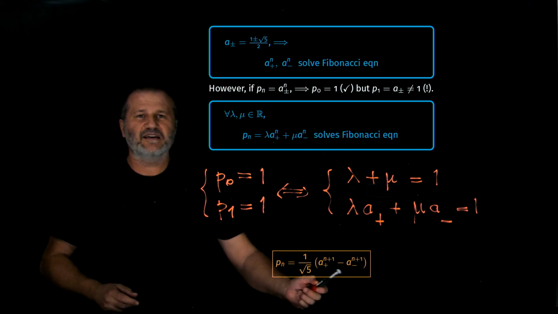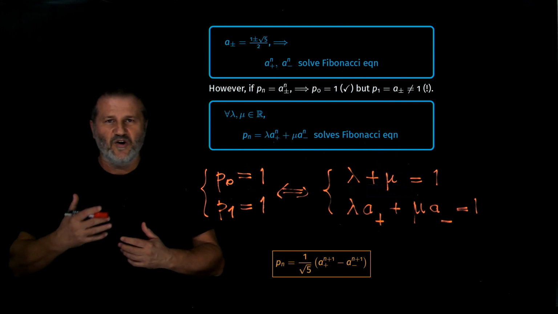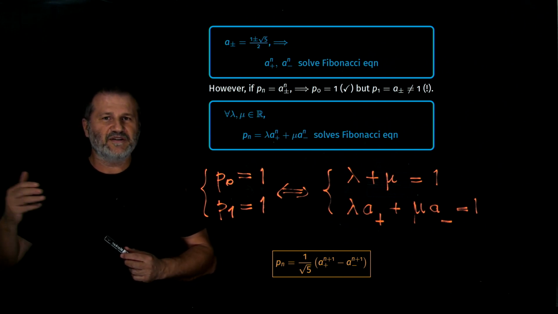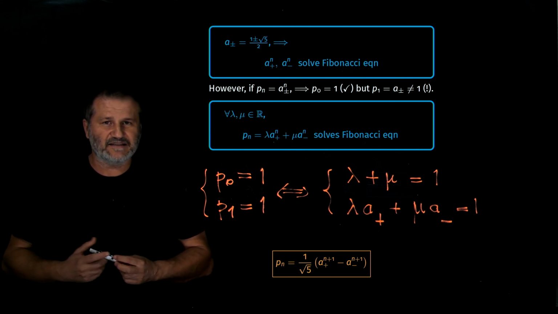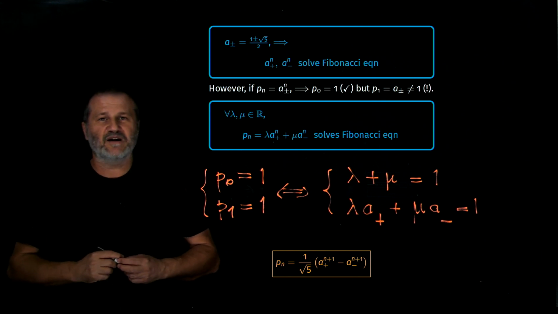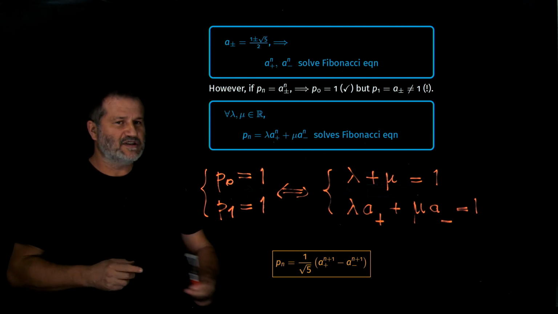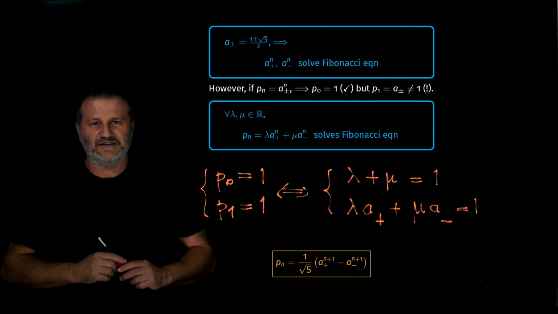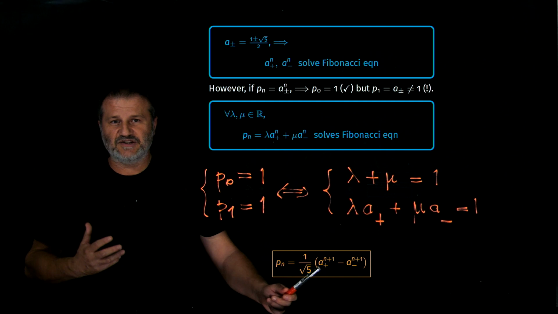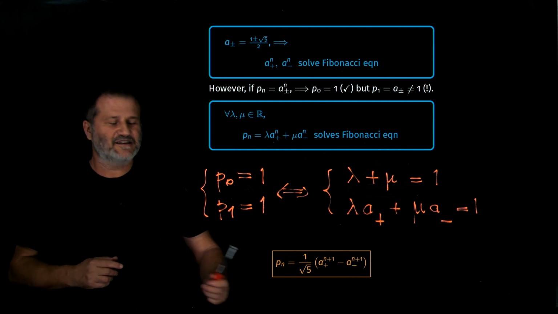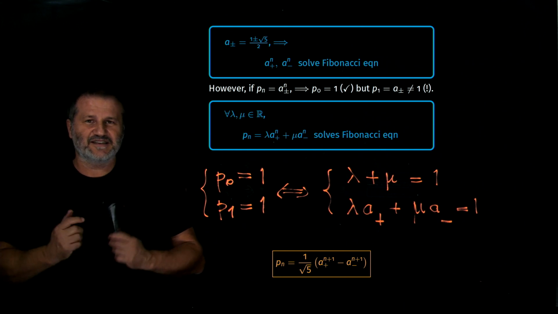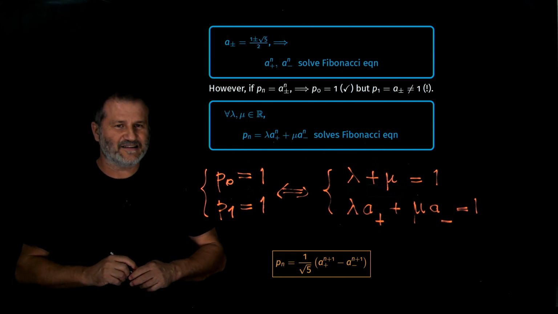Now this is the Fibonacci sequence because once the first two elements of the sequence are given, all the remaining elements are automatically determined by the law Pn equals Pn minus 1 plus Pn minus 2. So these are the Fibonacci numbers. What is remarkable here is that 1 over root of 5 is irrational. These are irrational numbers, but nonetheless, this quantity is a natural number. So it's a little bit surprising.